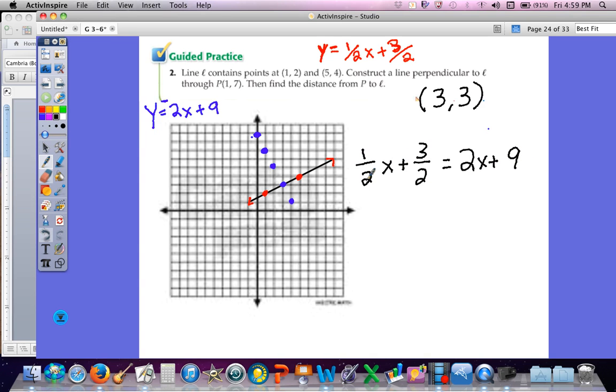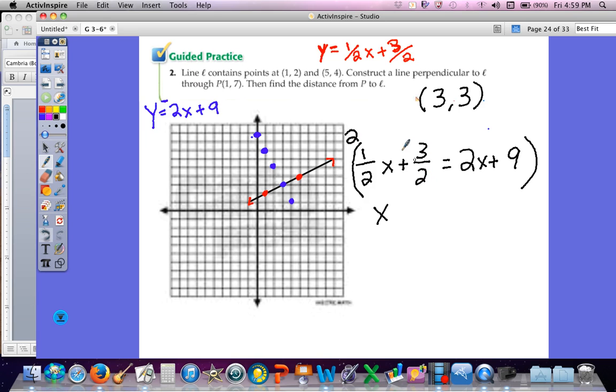Now, I have fractions on this side, and no fractions on the other side. I don't really like the fractions, so I'm going to clear the fractions. Since the least common multiple of the denominators is 2, I'm going to multiply everything by 2. 1/2 times 2 is 1. 1x is just x. 2 over 1 times 3 over 2, multiply the numerators. 2 times 3 is 6.